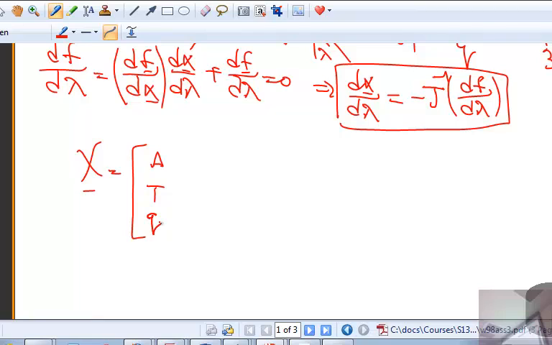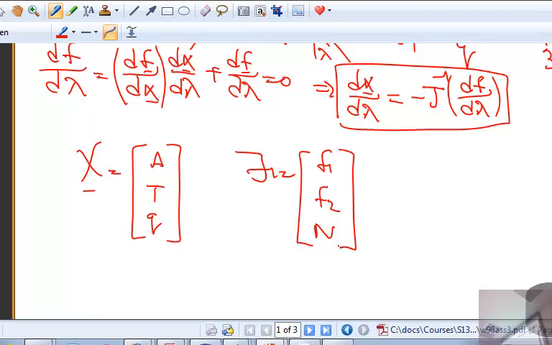I need to have an extended function, which is going to consist of f1, f2, which I already have, and then a new function I'm going to call n. And I'm going to have to apply the Newton method on that, and you can apply the Euler-Newton continuation on that as well. Okay. So this is arc length.